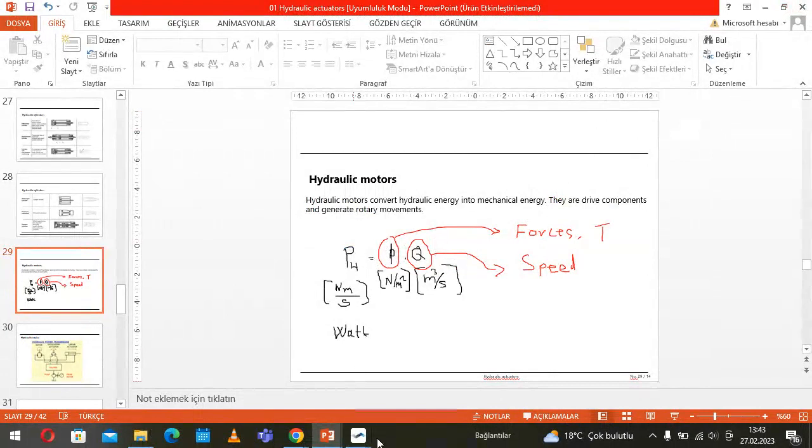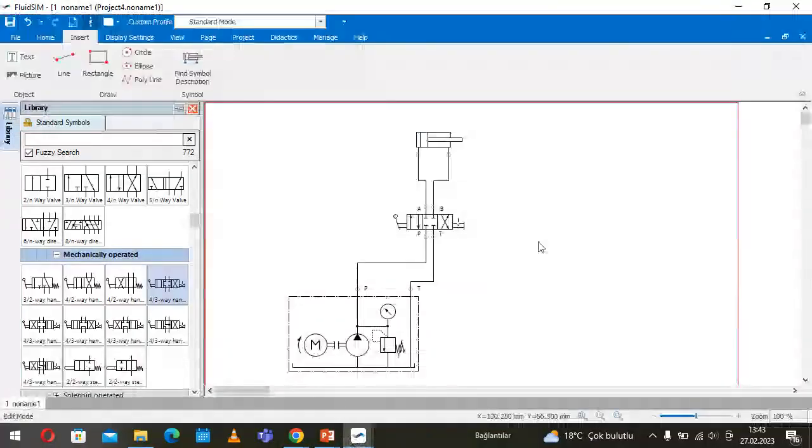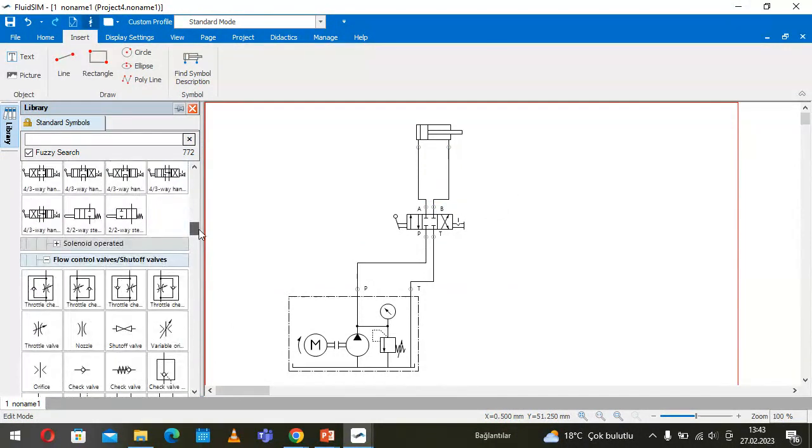So then, if we come back to the fluid simulation, to regulate or to adjust or to control the speed, we use, as we learned already in pneumatic, the one-way flow control valve.